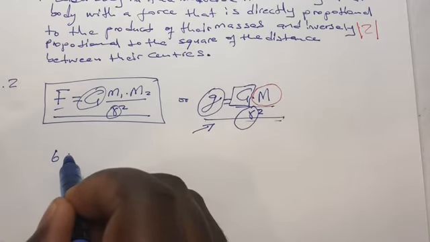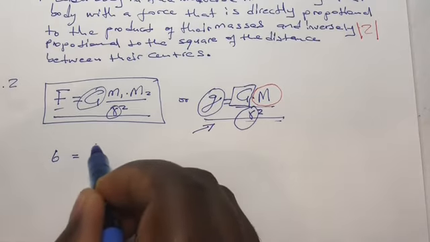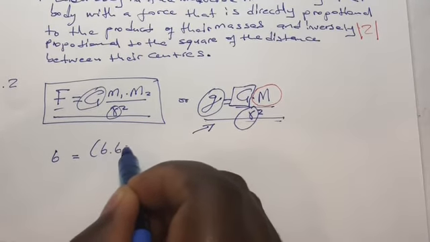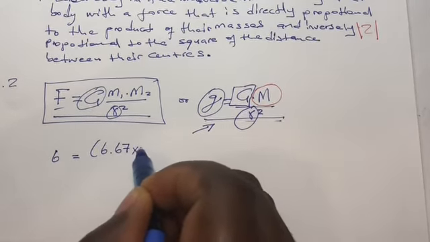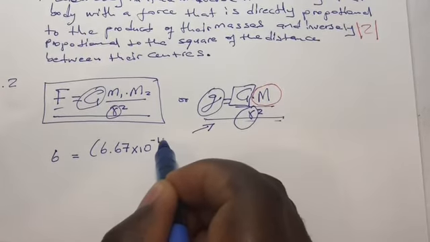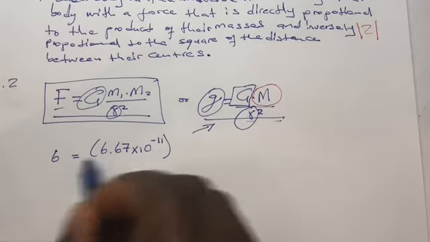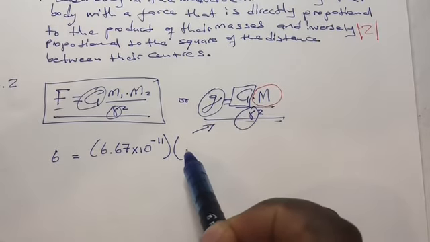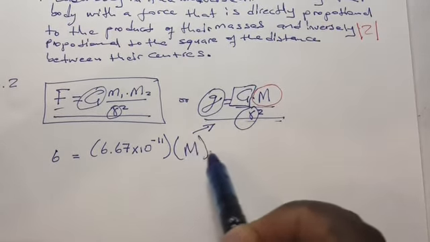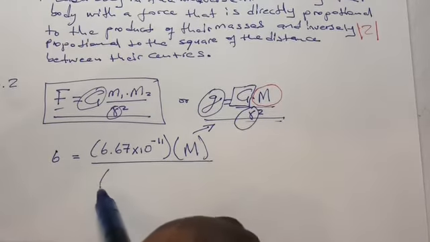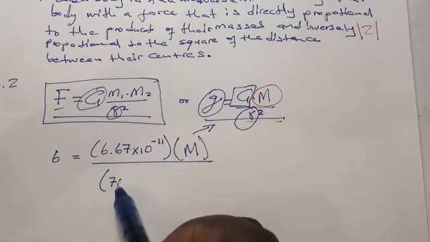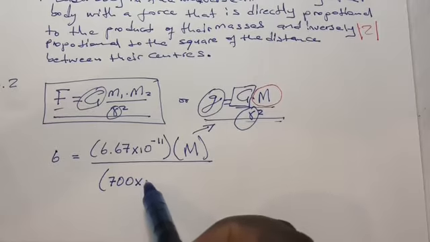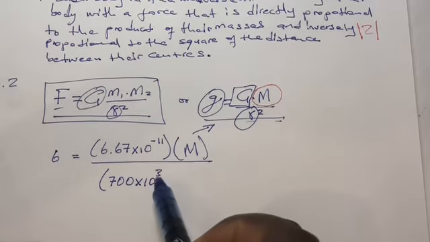So we've got 6 equals 6.67 by 10 to the, okay, I'll show you where you get that value, into m, because we are calculating for m, remember, and then the radius is 700 kilometers.